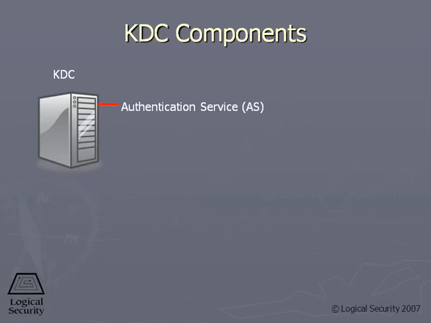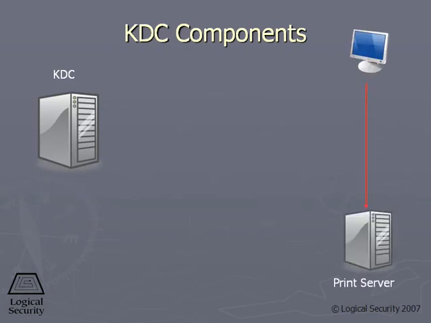Within a KDC, we have an authentication service, and we have a ticket granting service, a TGS. Within the KDC, again, that's where all the principals' credentials are. Now, in an environment that is using Kerberos, a principal cannot talk directly to a principal. So I cannot just send over a print job to a print server. I have to go through this whole authentication process. Principals don't trust each other, so they can't directly communicate.